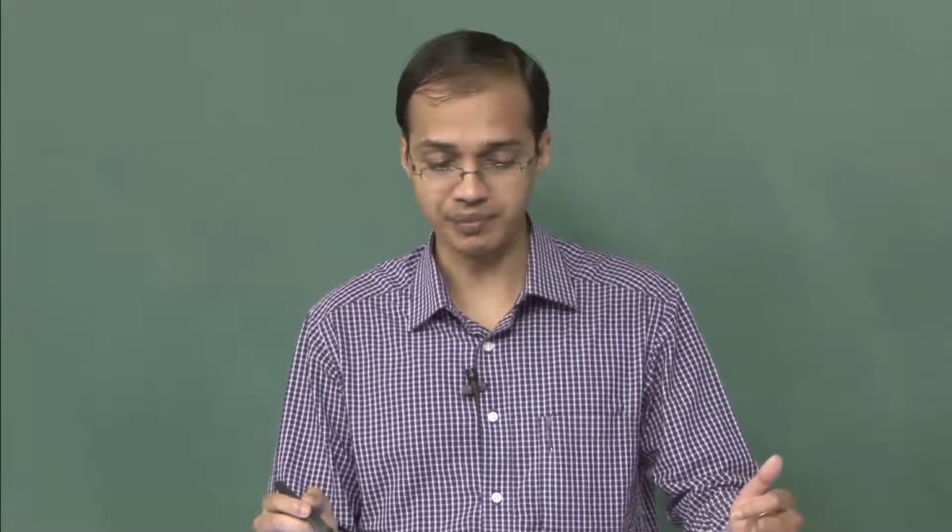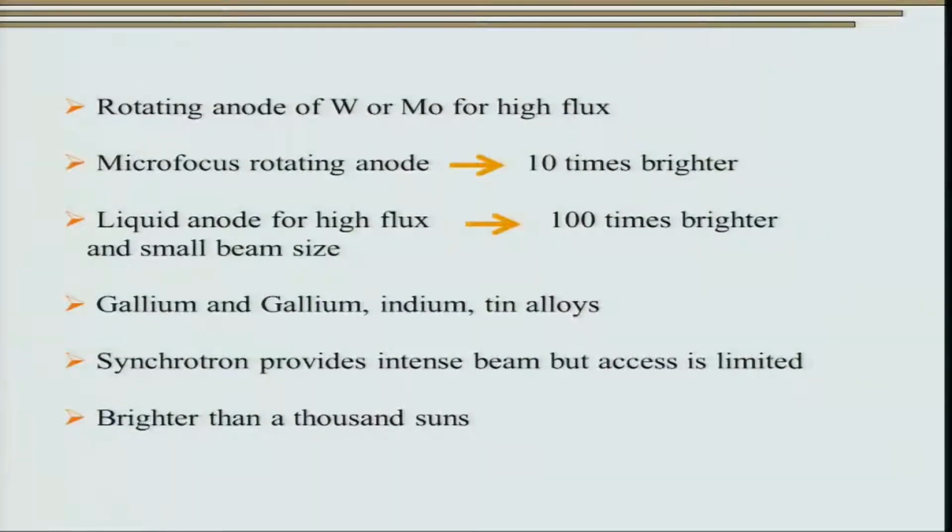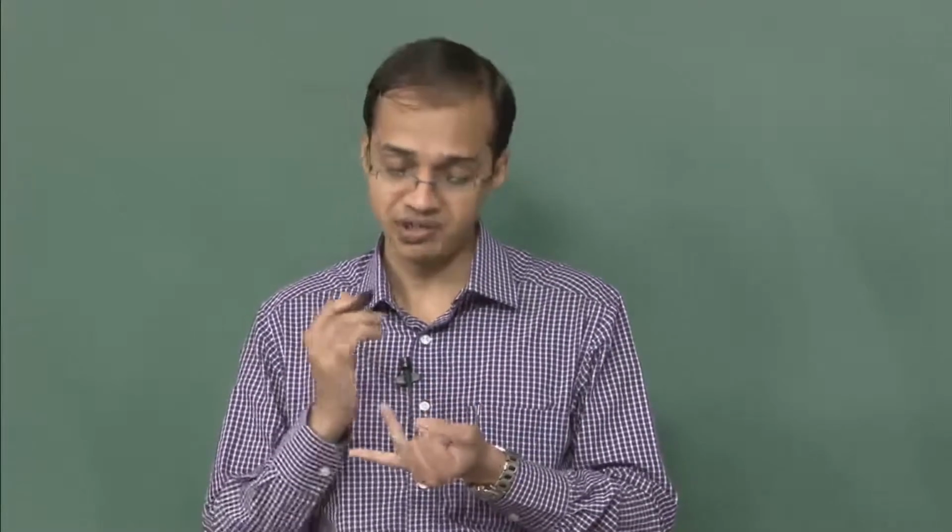Another recent development in the area of X-ray sources has been the development of what is known as liquid anode X-ray tubes. I would like to mention that the most important problem, essentially the Achilles heel, in getting high X-ray intensity in X-ray tubes as well as rotating anodes is the heat, or the removal of heat from the anode.